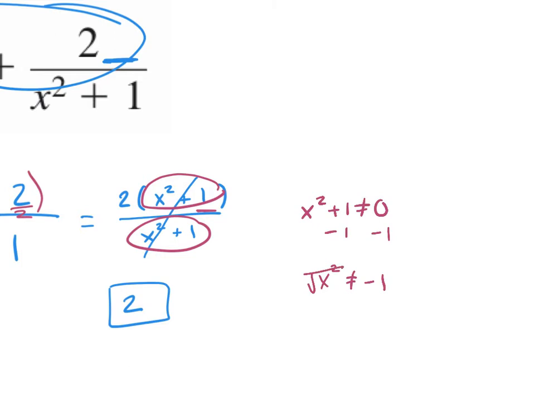What happens when we take the square root of a negative? It becomes an i, which is an imaginary number. And whenever we get an imaginary number, we don't have to state the restriction because it's not a real number. And we're not dealing with imaginary numbers right now. So because this is an imaginary number, not a real number, we're never going to get 0 in the denominator. So this is our answer. We have no restrictions here.